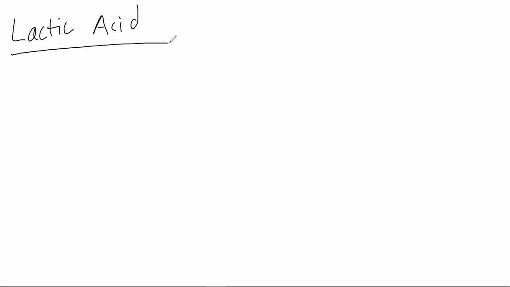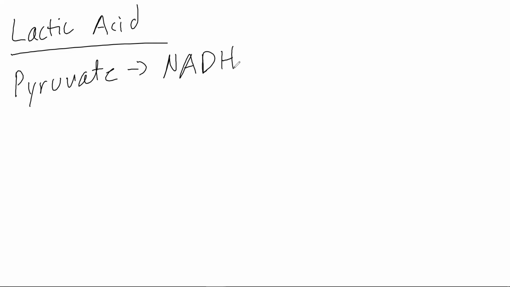They start turning your pyruvate into NADH. Like straight up, they just turn your pyruvate into NADH. And this causes the formation of lactate, which happens to exit your cell, land on your muscles, and start causing them to burn.